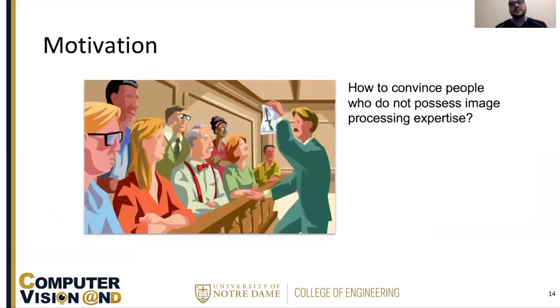And it's important because of this reason, it's not uncommon to see that iris recognition is avoided in, let's say, courts of law and not presented as evidence to a jury, because usually a jury has people that do not have image processing expertise, and it makes iris recognition less likely to be presented as evidence. And we at the time wanted to make it more human friendly. And by doing this, we got more than that, because we learned ways of how people do it, and we were able to improve iris recognition.